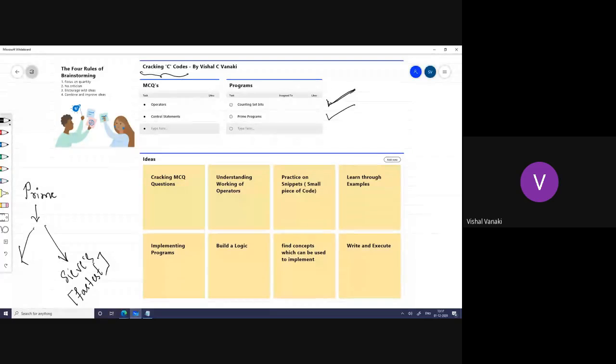First we will learn small operators, then we will work on one program, and then we will go with control statements and come back to programs based on control statements. Control statements may be an if-else set or a switch, or a loop. So this is the first part.